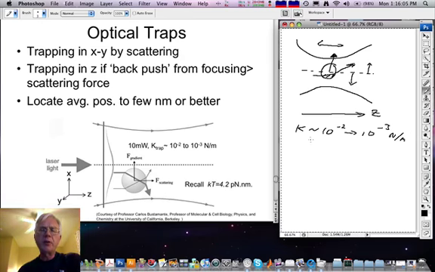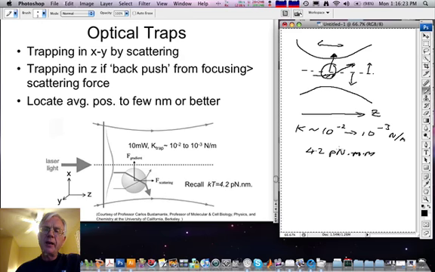Now, the resolution of these measurements, of course, is limited because the product of the force on a bead and its thermal fluctuations is 4.2 piconewton nanometers at 300 Kelvin.